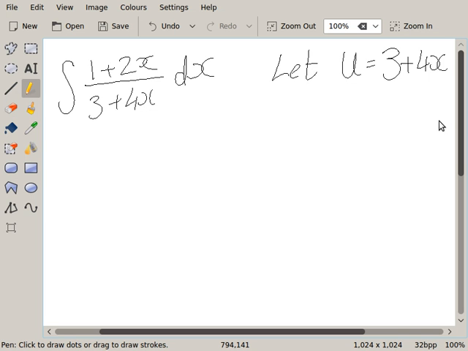Stuck. Which part? There's an x still in it. Any ideas how to get rid of it? No? What if there's some way to write x in terms of u? All is lost.